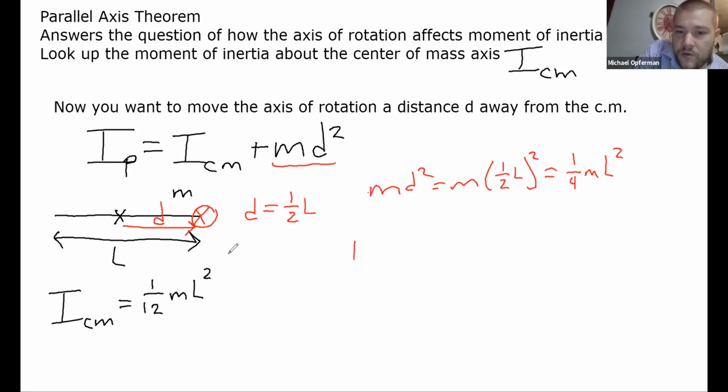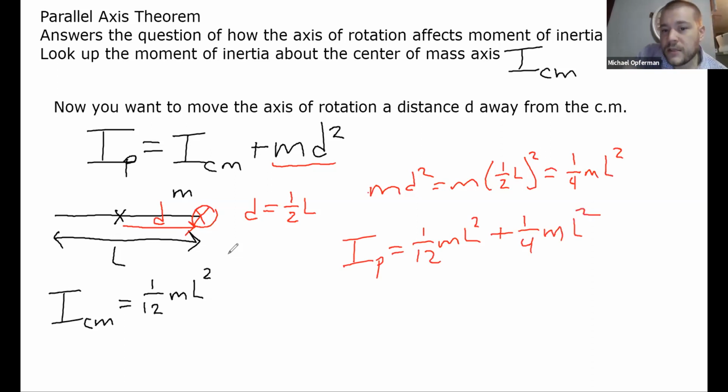And so the final total moment of inertia is going to be the center of mass moment of inertia, 1/12 ML squared, plus 1/4 ML squared. One thing you can see in this case is 1/4 is larger than 1/12, right? So most of the moment of inertia in this case is coming from moving the axis of rotation. Only a small amount of it is actually coming from the original rotation.